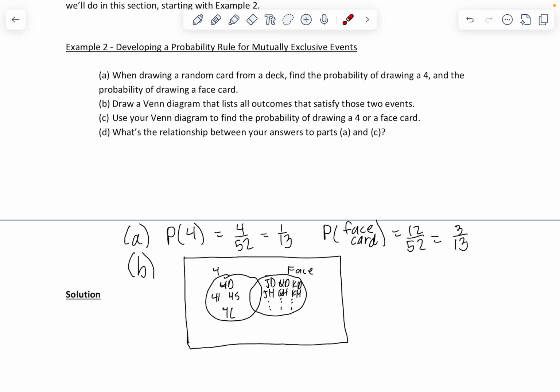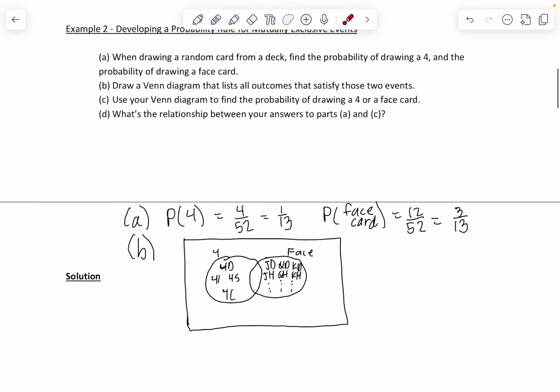Use your Venn diagram to find the probability of drawing a 4 or a face card. We can get the total number of cards that are either 4s or face cards by just counting the number of cards in our diagram. There's going to be 12 cards over here, 4 cards over here. That's a total of 16 cards.